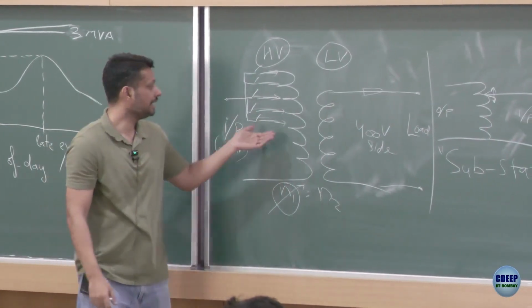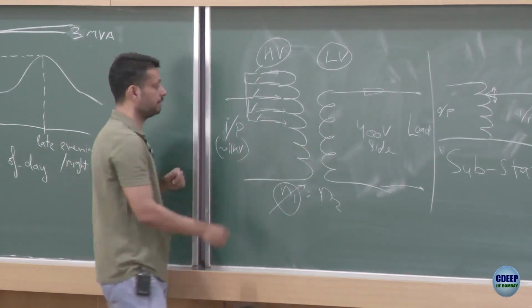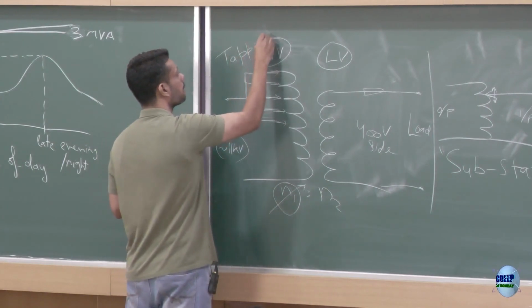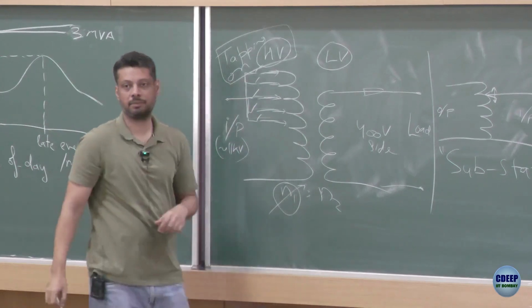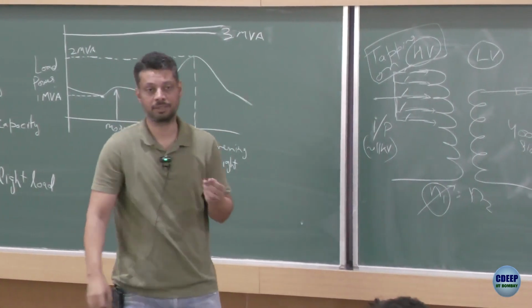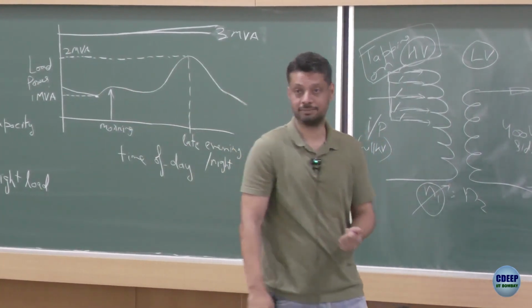So, therefore, typically these tappings are on the HV side. Do remember it. If I give you reasoning questions, this is one of my favorite questions: why are there tappings on the HV side?